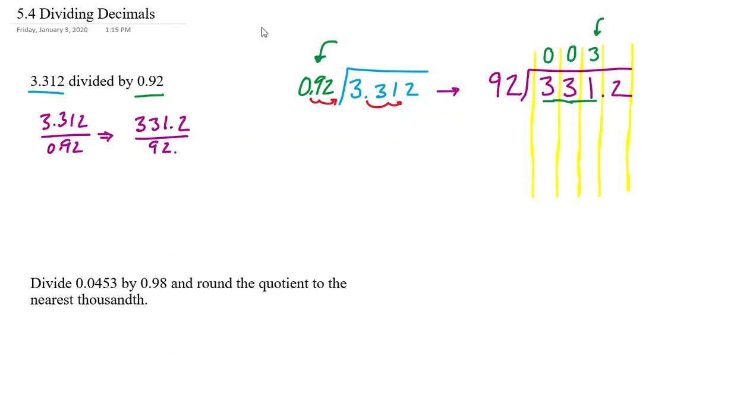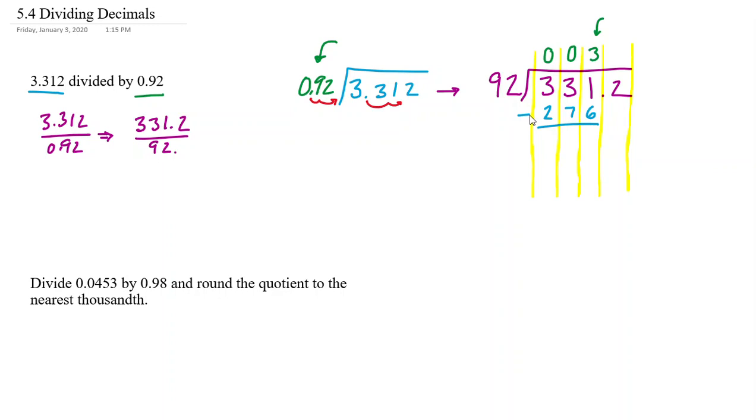Okay, so now I'm going to come in and I'm going to say, all right, so 3 times 92, oh, I erased it, oh no, I should have written it off to the side. That's 6, and then 27. So 3 times 92 is 276.